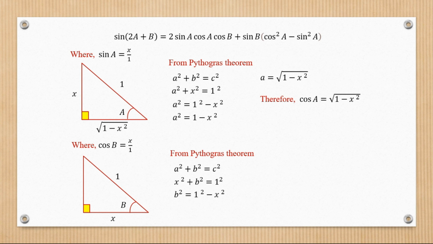If we make b squared the subject, b squared shall be equal to 1 squared minus x squared, which is 1 minus x squared. Then b shall be equal to root of 1 minus x squared. So now we know the opposite value here. Therefore sine of b is root of 1 minus x squared.